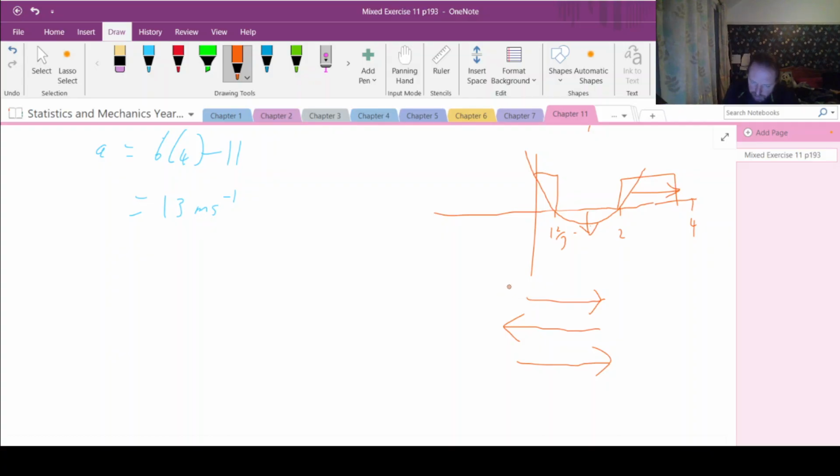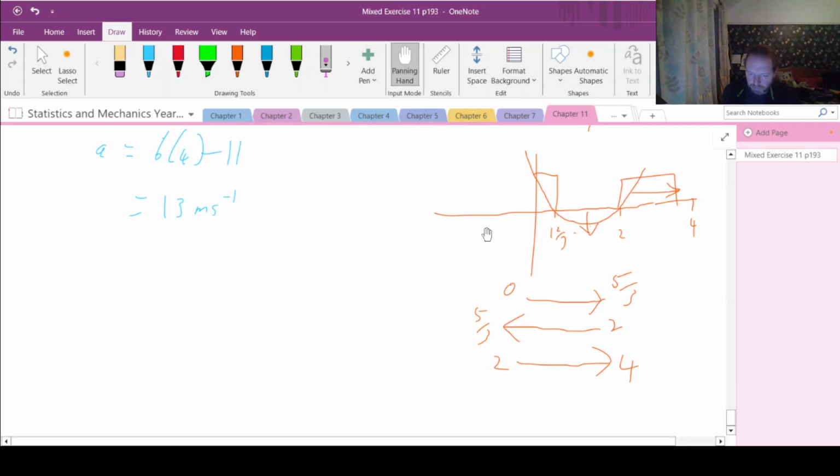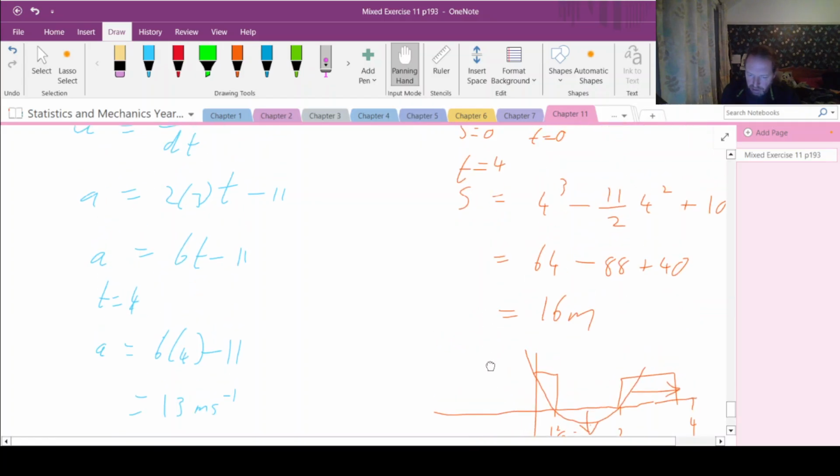So between 0 and 5/3, between 5/3 and 2, and between 2 and 4, we should be considering our distances separately because we've got minuses going on there, rather than just taking the entire thing together.